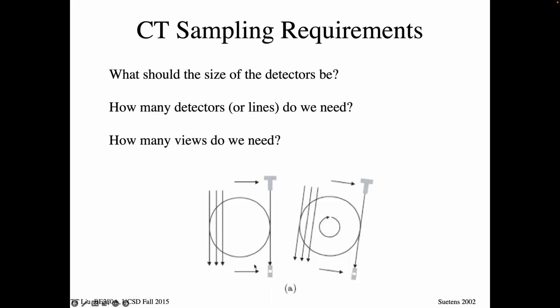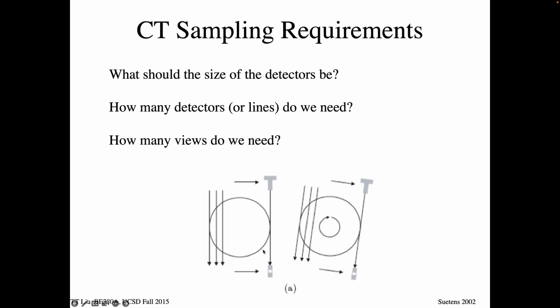This would correspond to what displacement we would use between each one of those views. Or temporally, if we raster this continuously, what's our rate in time of taking samples from this detector?